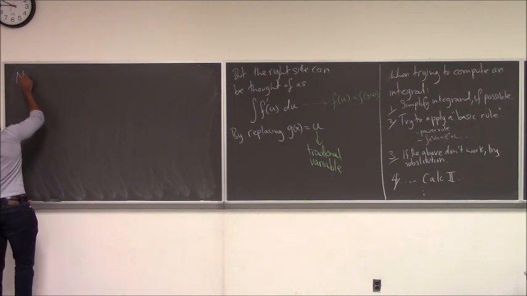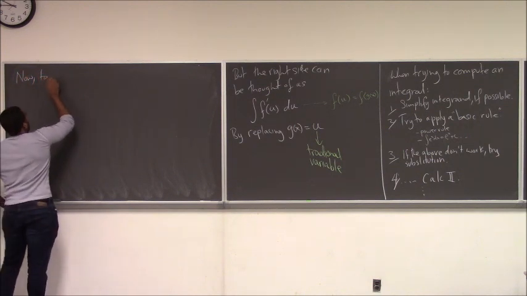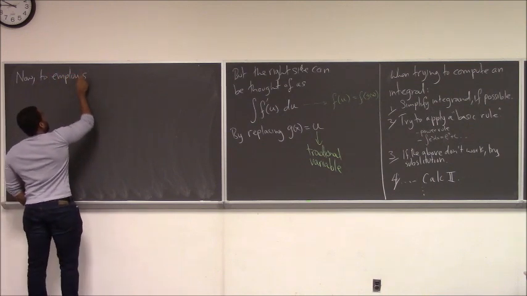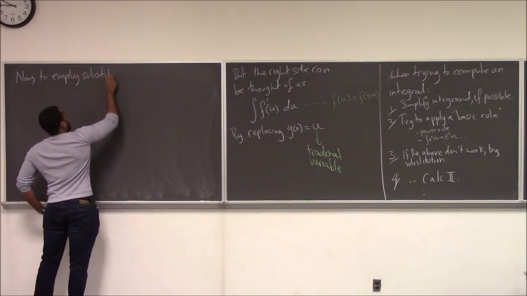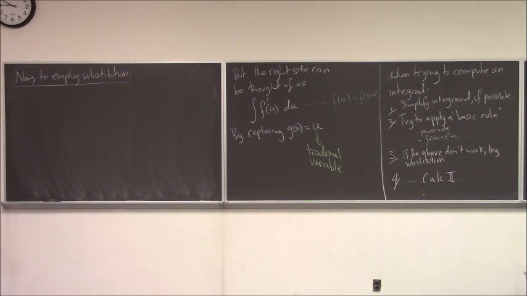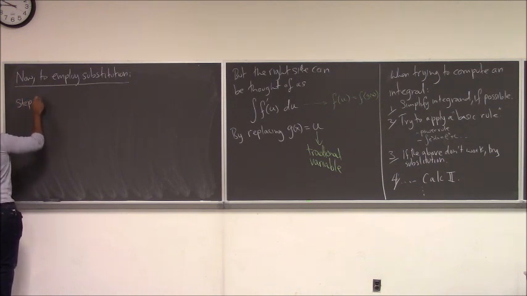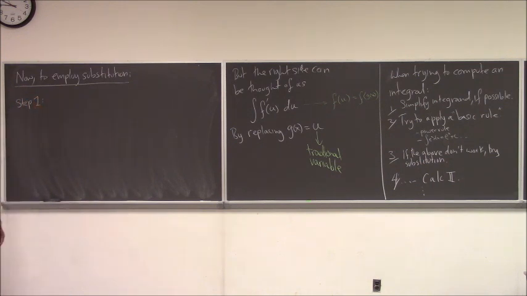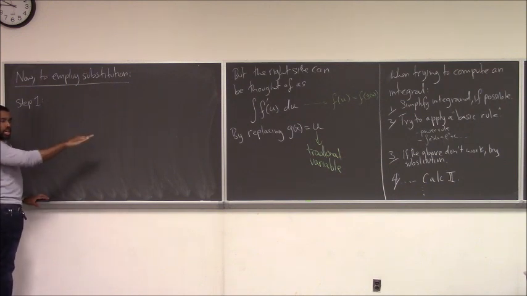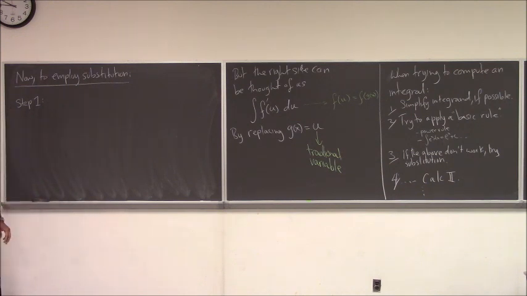Now, to employ substitution, here's how you're going to actually do it. Here are the steps. Step 1. Because you can't apply the basic rule, the thing you want to integrate is going to look complicated somehow.